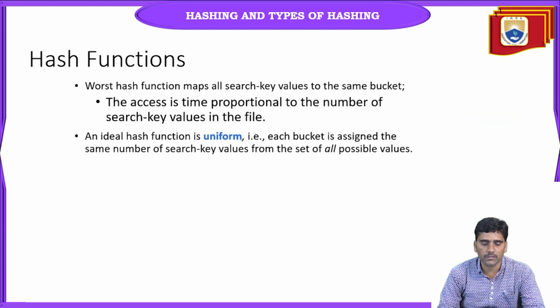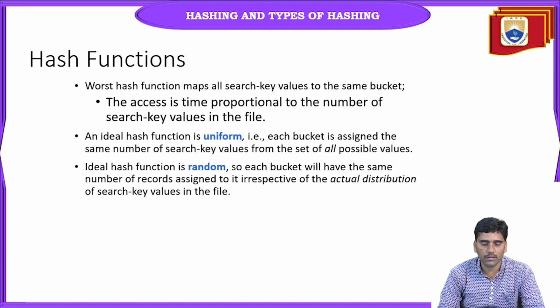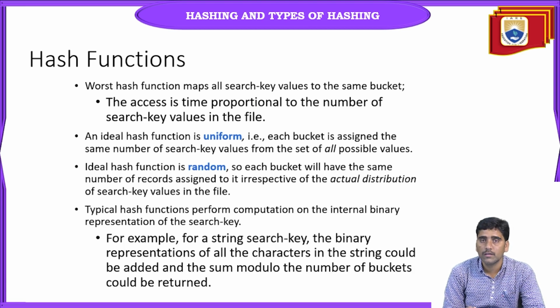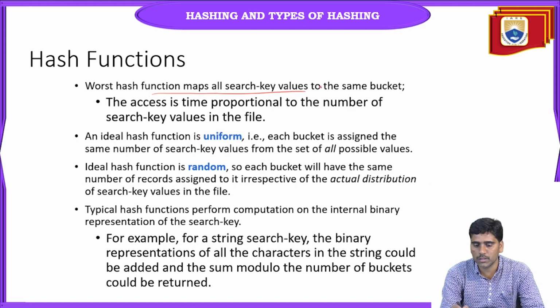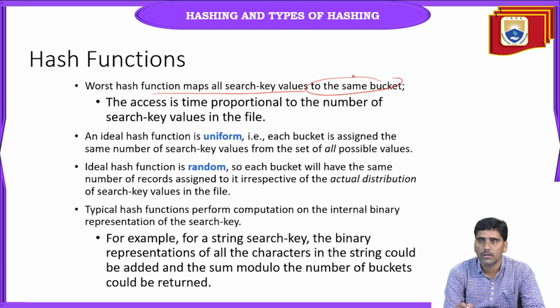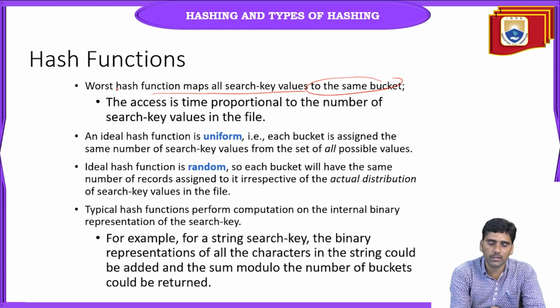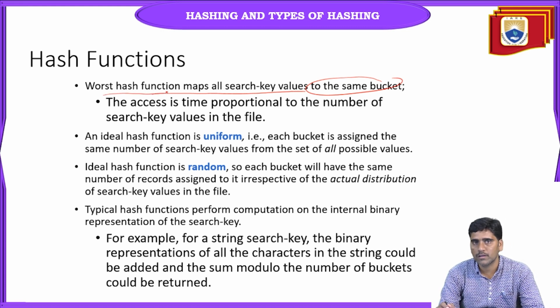So hash functions: there are different types. The worst hash function maps all search key values to the same bucket. If all search key values in the table are going to be in the same bucket, then it is a worst hash function.